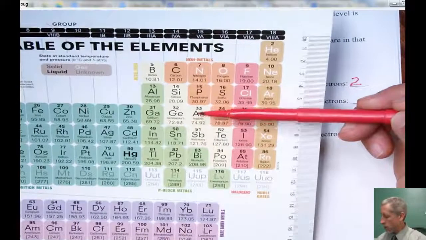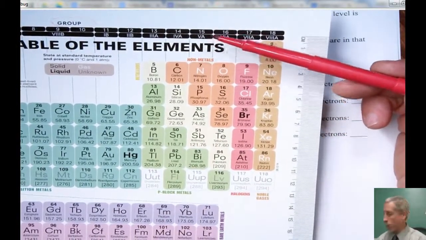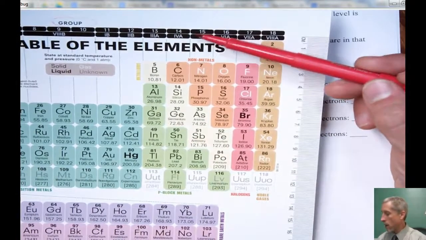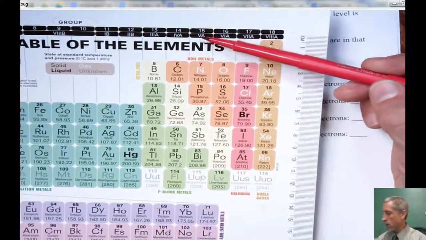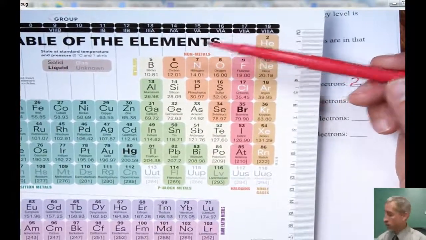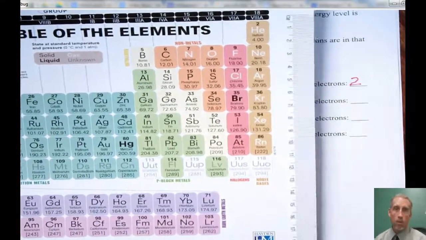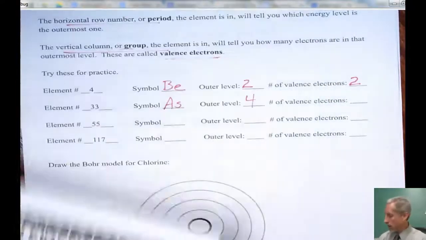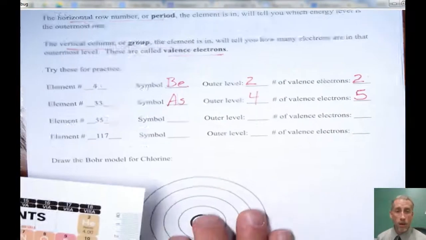If we go straight up, be careful, it's not 15. Most periodic tables will have these numbered 1 through 18. I like to use the Roman numeral grouping name, so it's VA. Now V in the Roman numerals represents 5. If you don't know Roman numerals, you're just going to have to ask me for help, or you can Google it. But that V means 5 valence electrons.